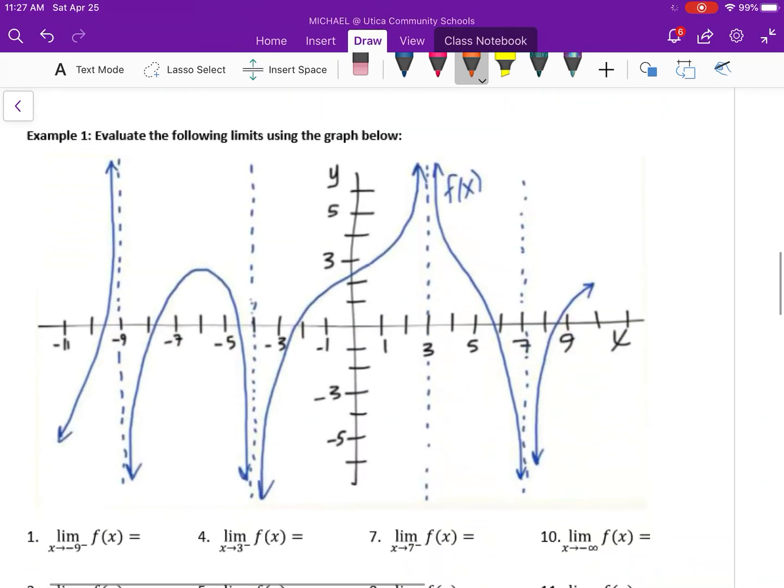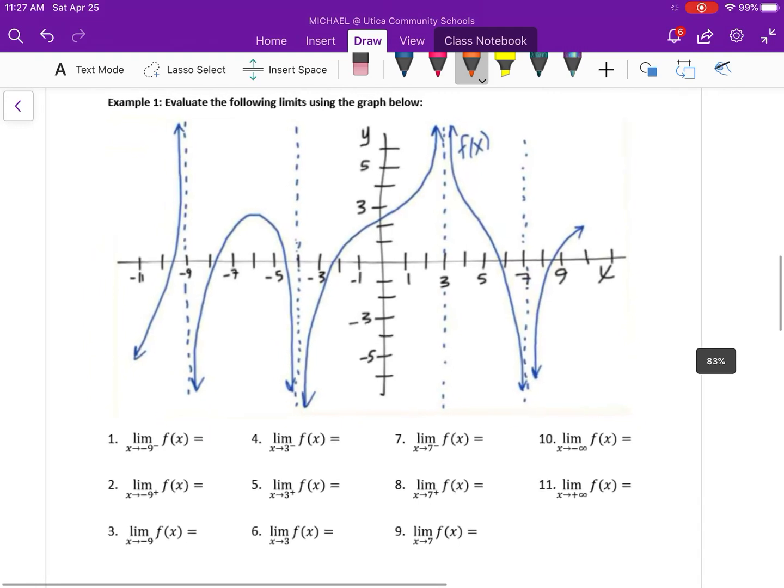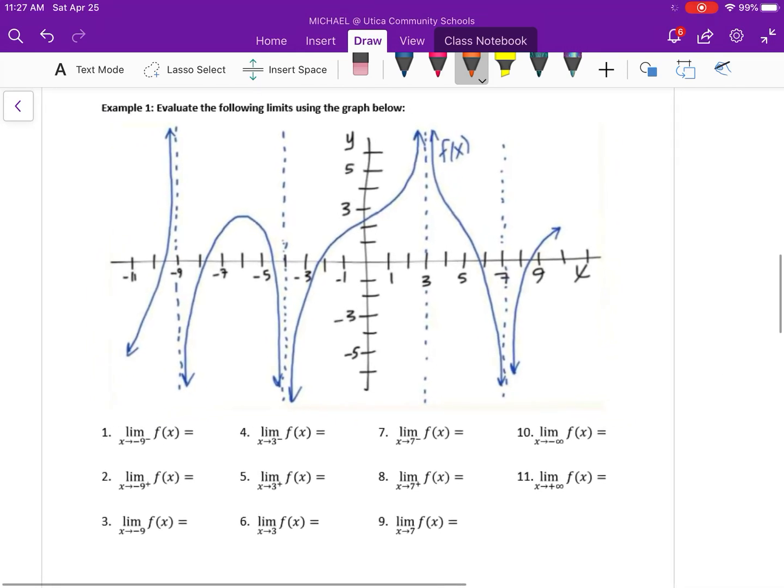All right, so let's take a look at this example here. We've got this graph with a whole bunch of asymptotes, and then also we want to look at the end behaviors. So this first example, limit as x approaches -9 from the negative side. -9 is right here, and from the negative side, those values are getting larger and larger, so that would be positive infinity.